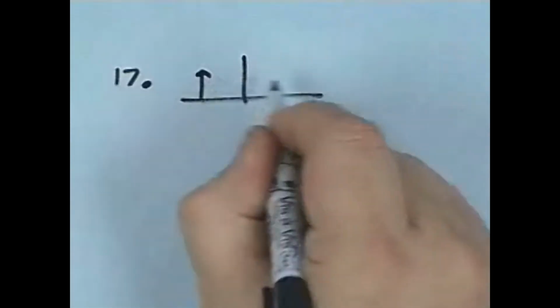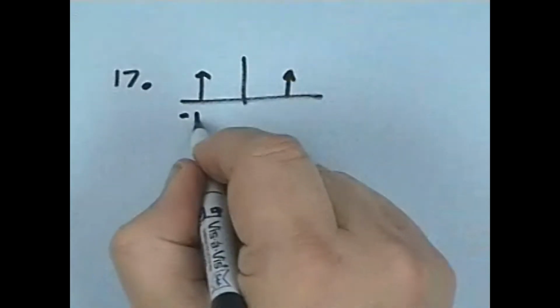Number 17. Okay, number 17. We have a random variable x, which has a density function that looks like this.